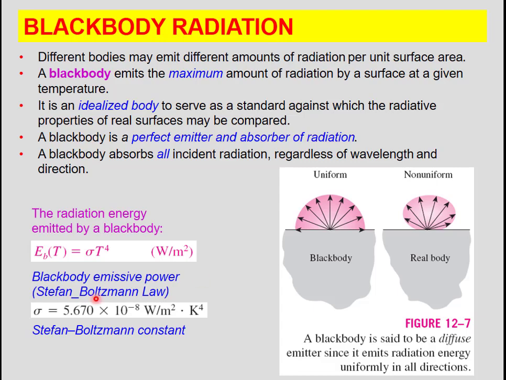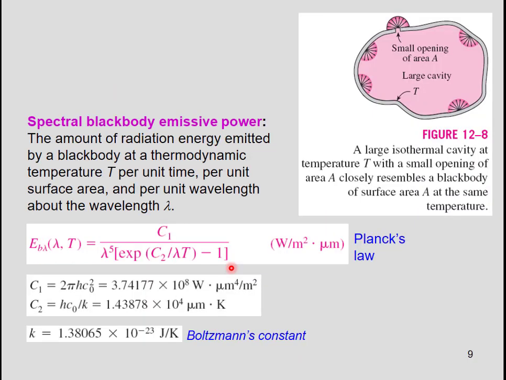So this is black body emissive power. Now let's see how we can find this radiation energy for other objects as well. We have a definition for spectral black body emissive power.